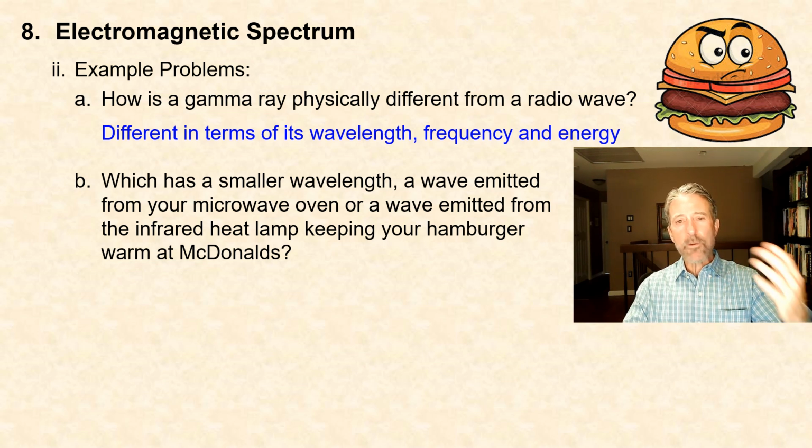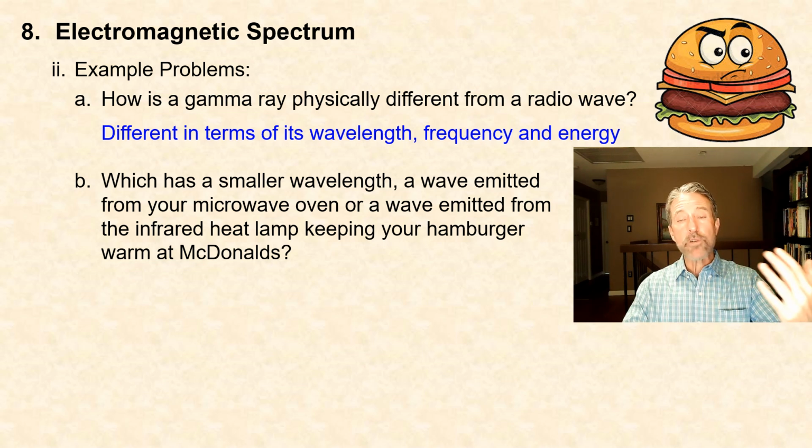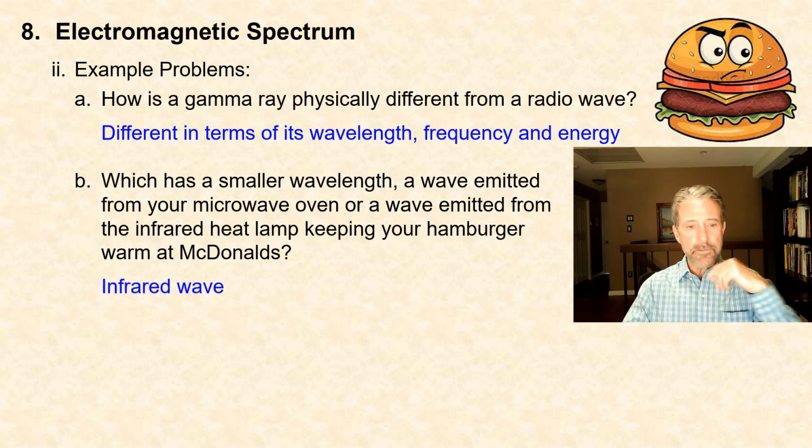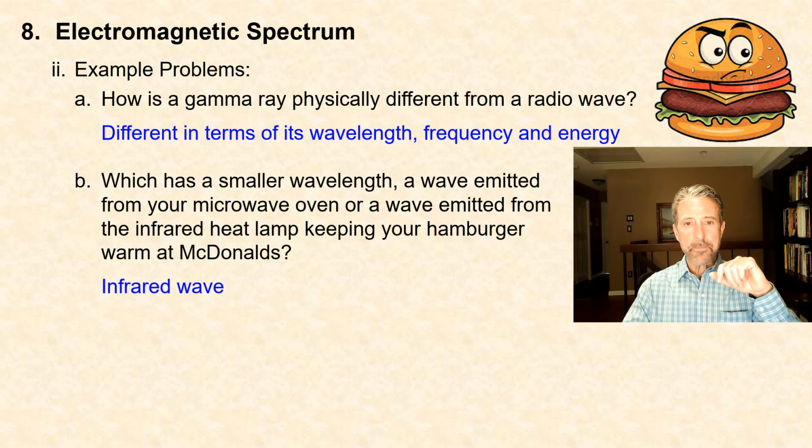Well, at any rate, to answer this question, you need some familiarity with the chronology of the electromagnetic spectrum. When you look at it, you can see that the infrared wave is going to have a smaller wavelength and higher frequency than a microwave. So here, understanding the chronology allows us to answer this question.